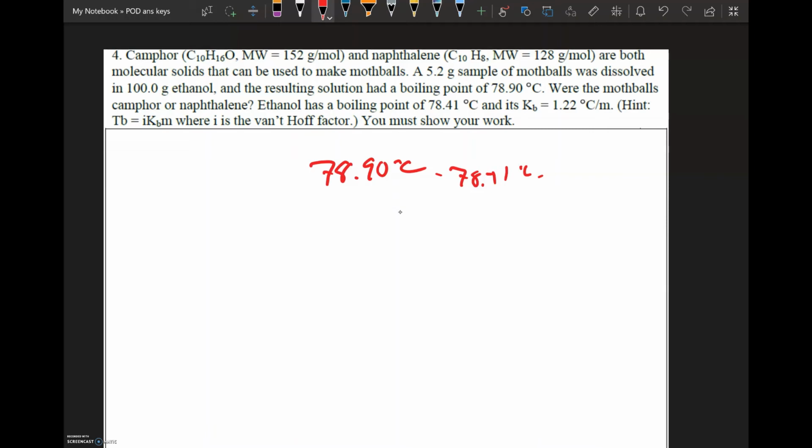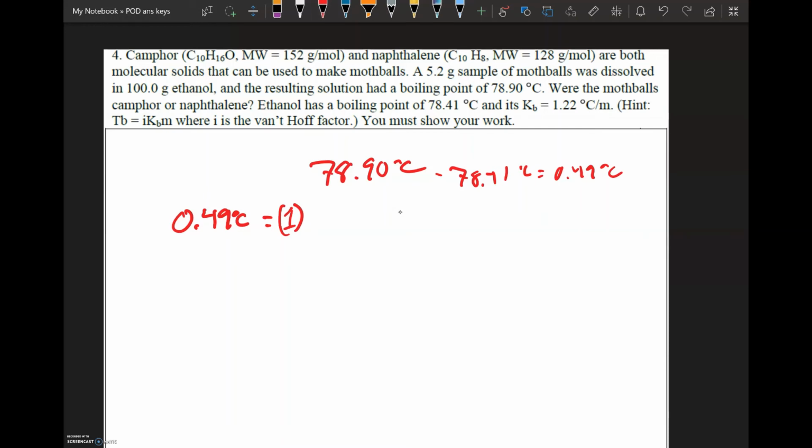That gives me 0.49 degrees Celsius. And so that's going to be put here. And the equation is equal to i. Now i is 1 because it's organic. Plus we don't know what the density of the compound is anyhow.